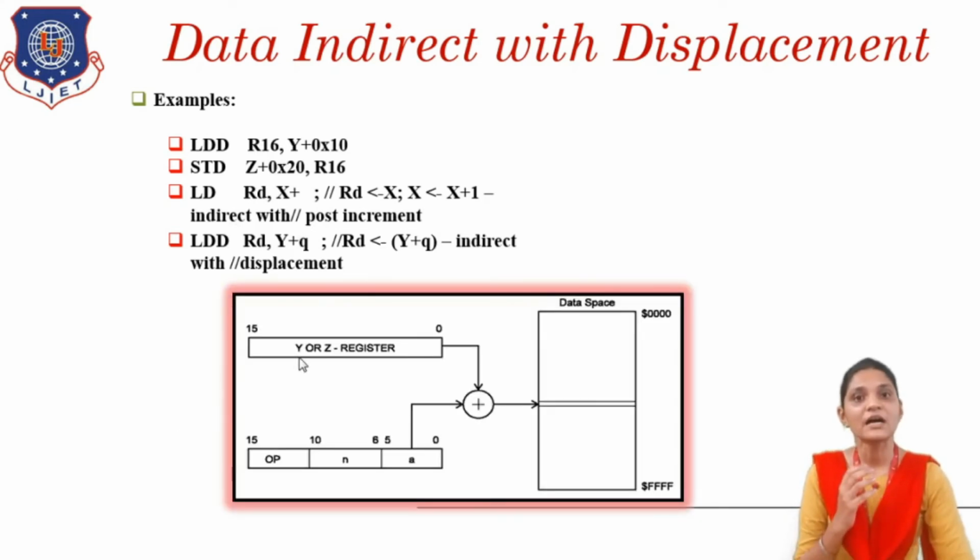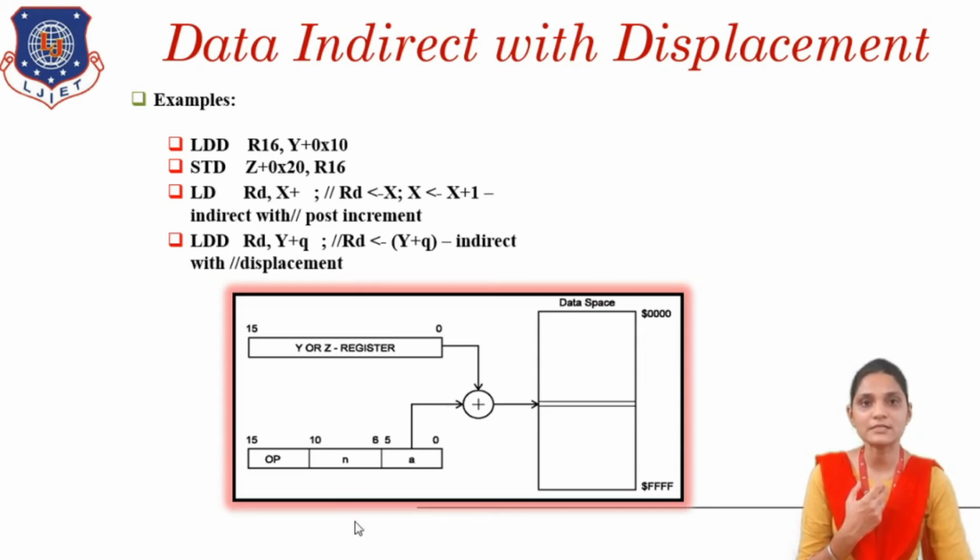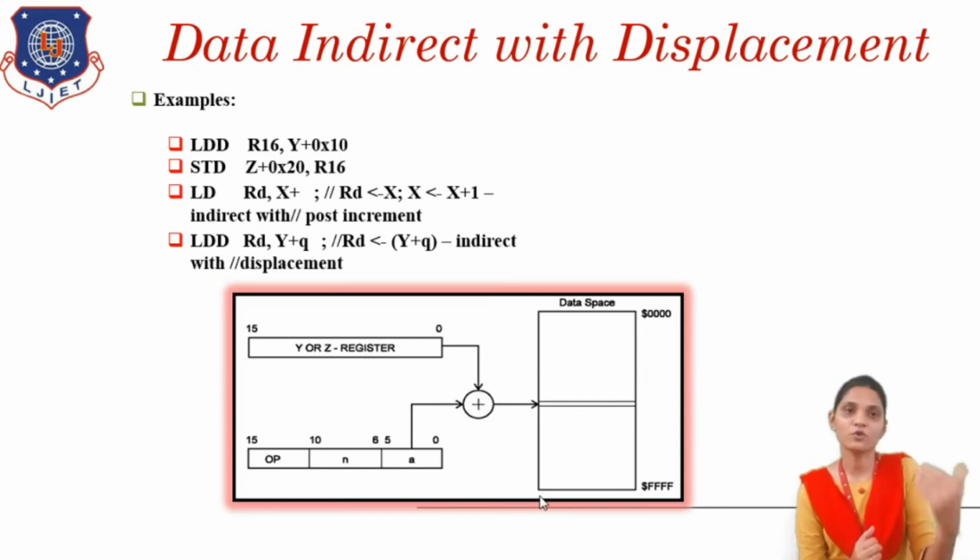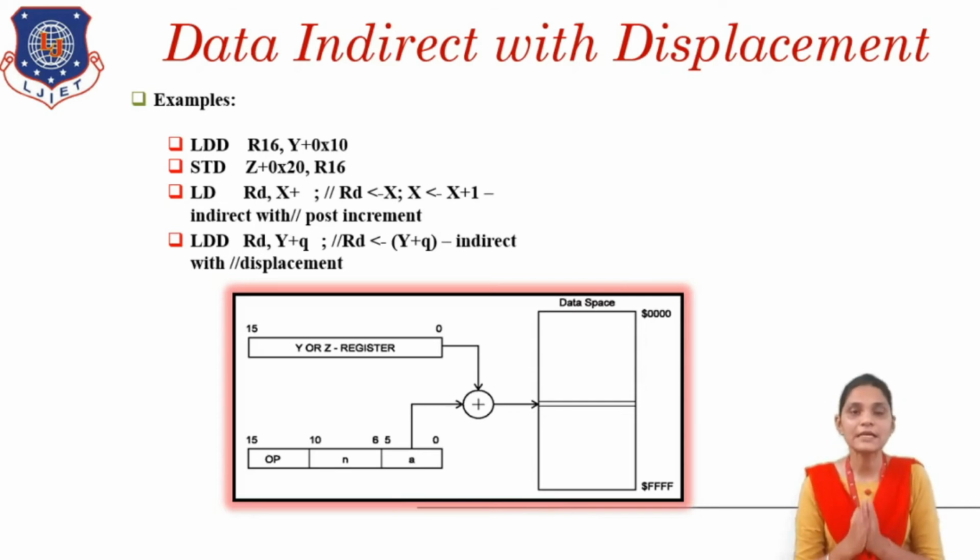Here we have the Y or Z register, here we have the operation code, and the registers are given over here, and whether we need to use increment or displacement or not, and what the value of that displacement is, is given over here. After adding this displacement and this register's content, you get the actual address, and by using that actual address you can access the memory location from where you have to access the data. Okay, so this is the data indirect with displacement addressing mode.